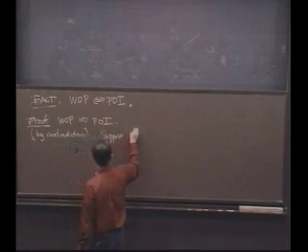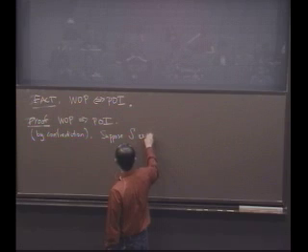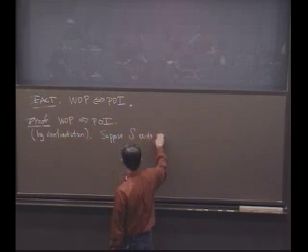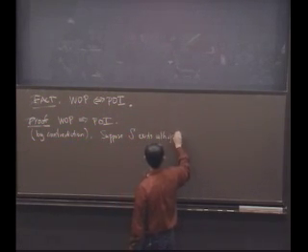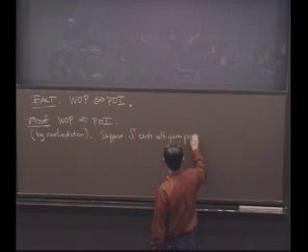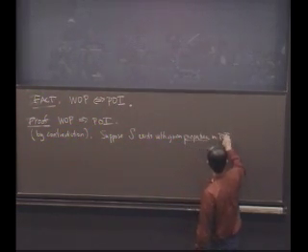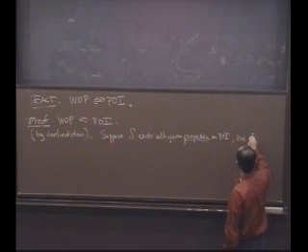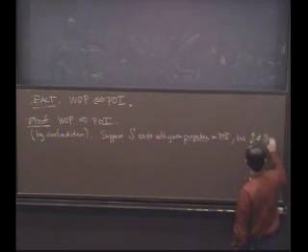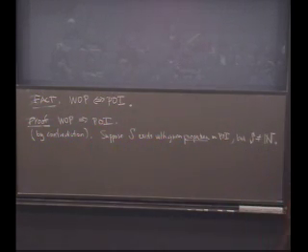Suppose S exists with the given properties in the principle of induction, but suppose S is not the natural numbers. Everybody agree this is how I would begin a proof by contradiction? Okay. Where's the contradiction going to come?